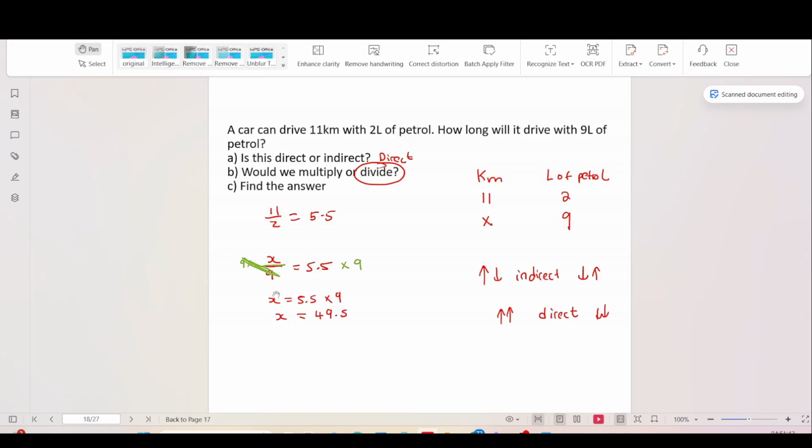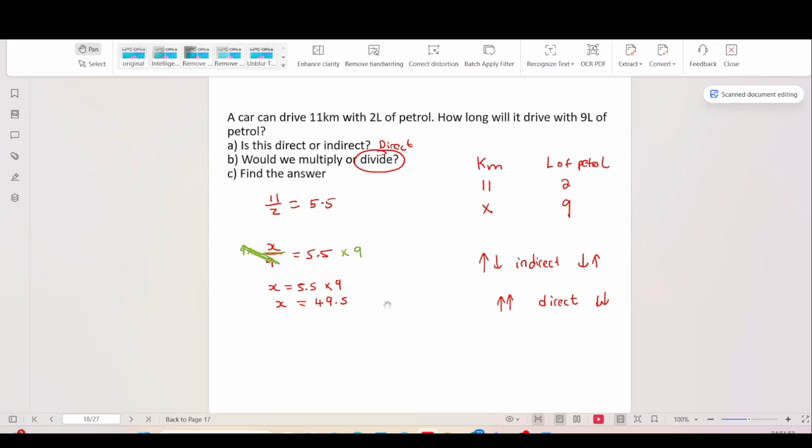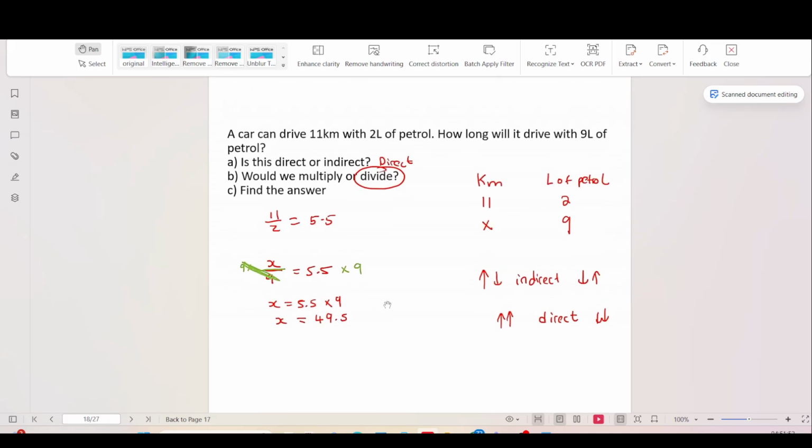So 5.5 times 9 will be x. So you have to just remember, whenever you have direct variation, this will be not 9 over x, it will be x over 9.